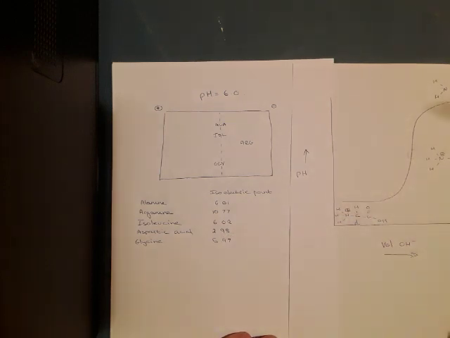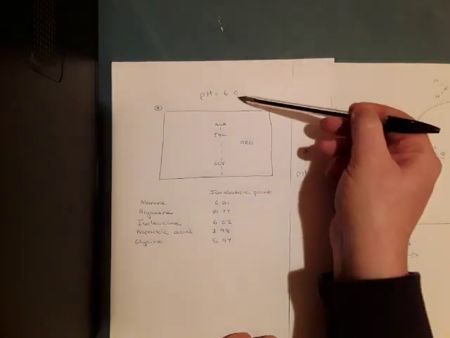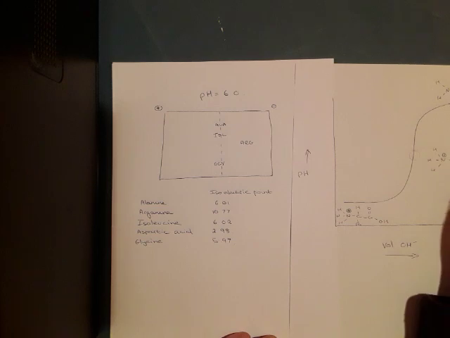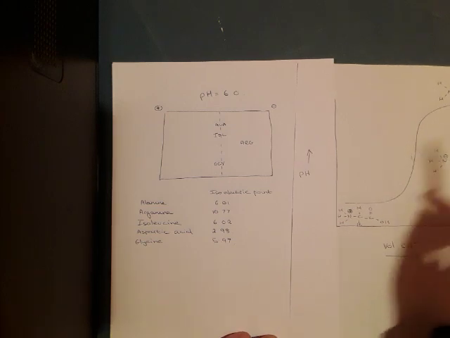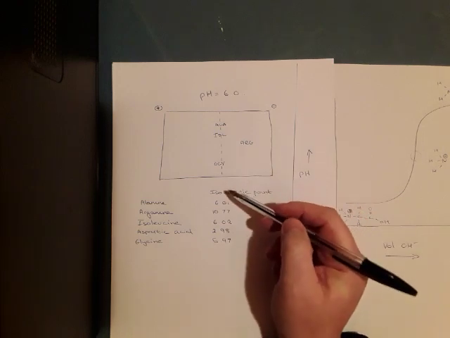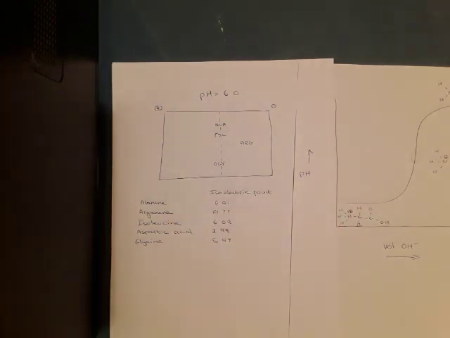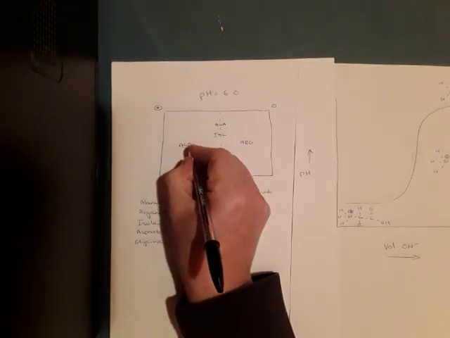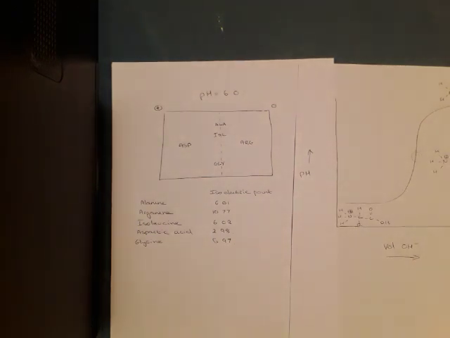Therefore, 6 is above the isoelectric point, and we're going to get deprotonation. The aspartic acid is going to have a negative charge. Therefore, it's going to be attracted towards the positive charge of the electrophoresis. So I can just put that over that side. Now I'm hoping that will make a bit of sense to you.